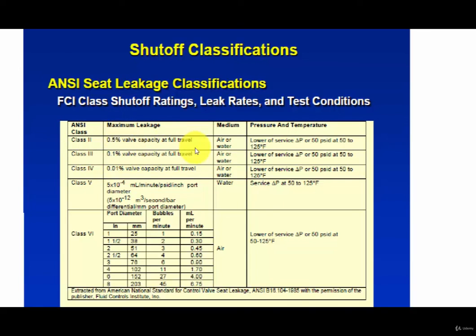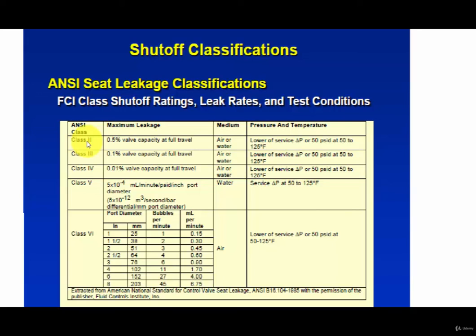In this aspect, you have to discuss with the mechanical people also, because most of the designing and sizing depends on mechanical requirements. Material selection also depends on the mechanical requirements. So this leakage class you have to discuss with the mechanical engineer or piping engineer to fix which class.